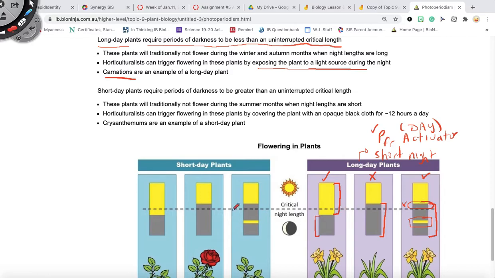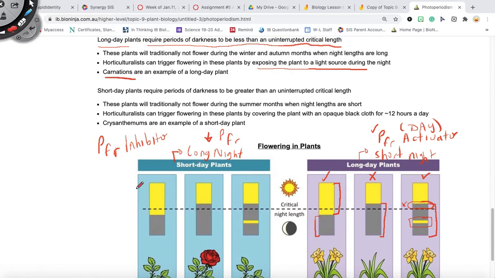Now let's look at short day plants. Short day plants means that you have a long night. If you have a long night, that means that you're going to end up with low levels of PFR. But that's a good thing, right? Because PFR is an inhibitor of these short day plants.